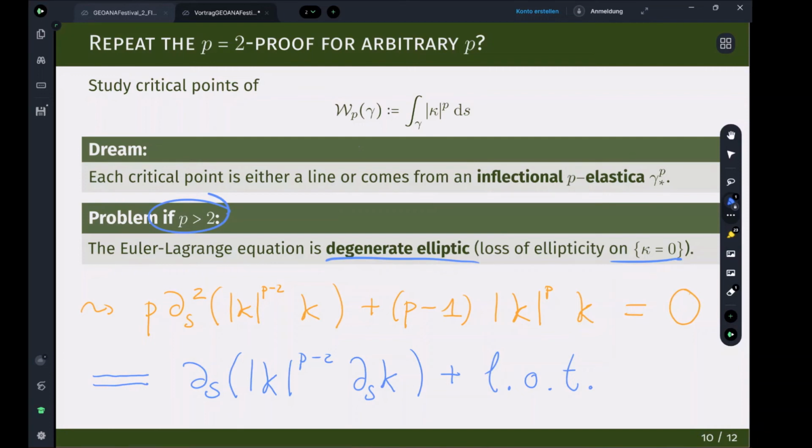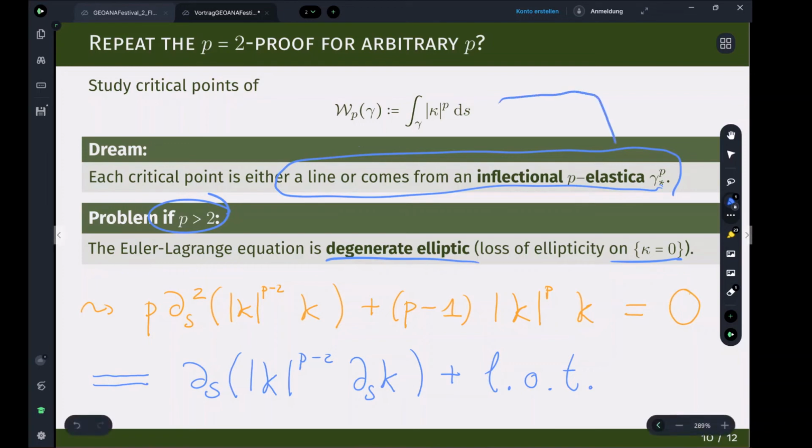And therefore, it can very well be that we have many more critical points, that the situation is much more highly non-unique than in this setting. And the reason for this is this degeneracy when p is bigger than 2.